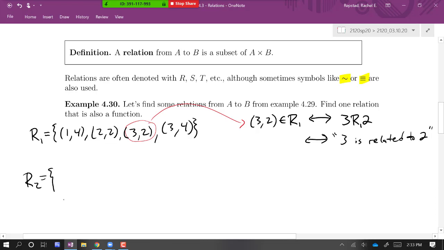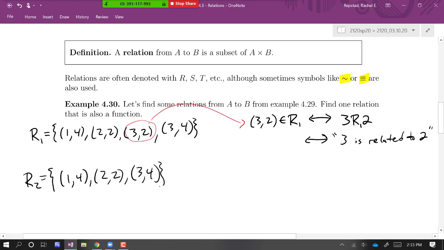What's another relation? Just another relation from A to B: (1, 4), (2, 2), (3, 4), (3, 2).